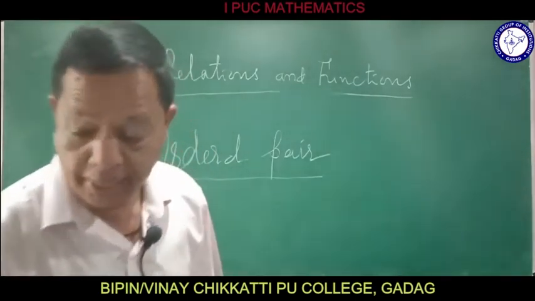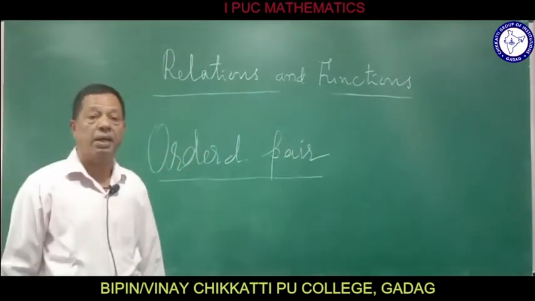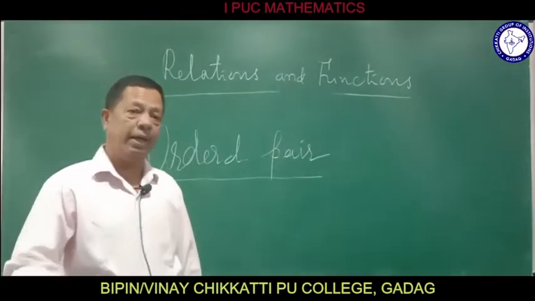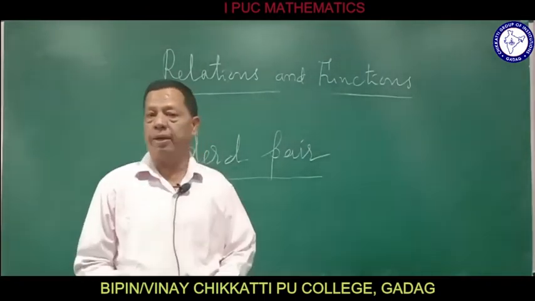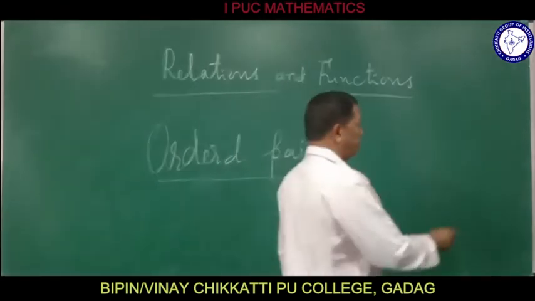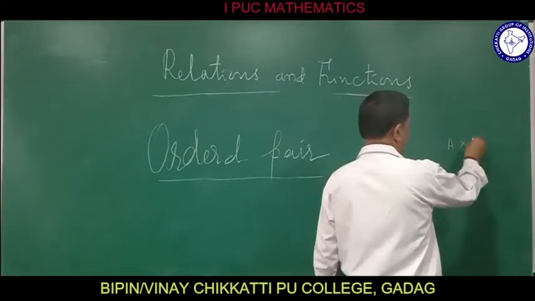Here the question arises: why do we use the word Cartesian product? When you are taking A and B as two non-empty sets, as you know, A is one set, B is another set.